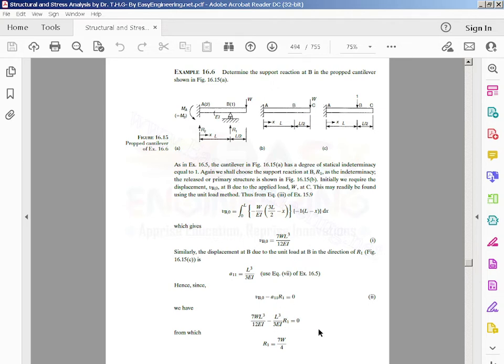So you just move the L cubed to this side, and you will get 7WL cubed over 12EI equals L cubed over 3EI times R1. Then you break this equation up: 7W times L cubed over 12EI minus L cubed over 3EI equals R1.